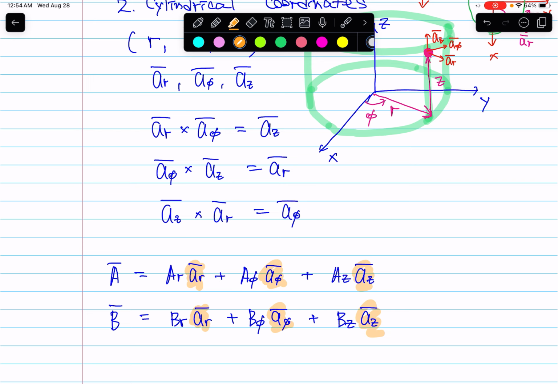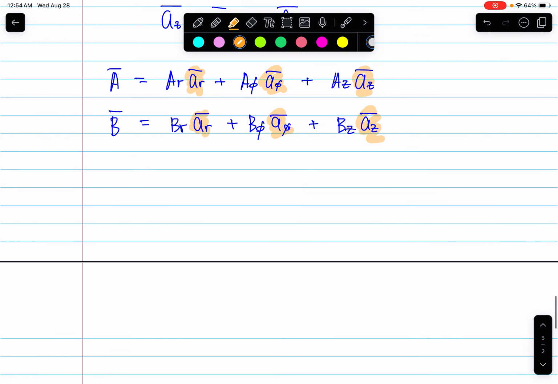And so if you do the dot product and the cross product, let's first do the dot product. The dot product is the same thing, right?